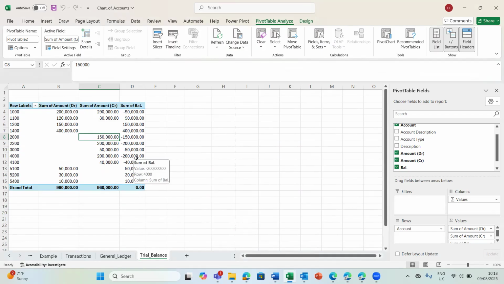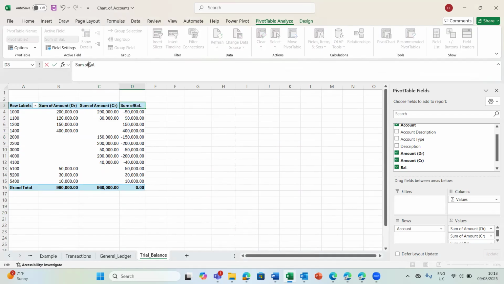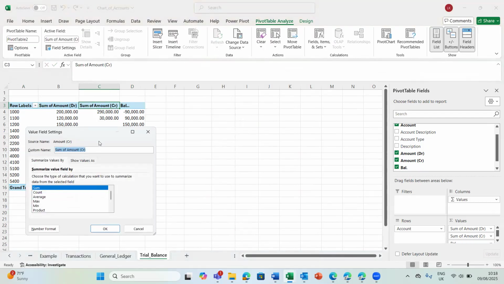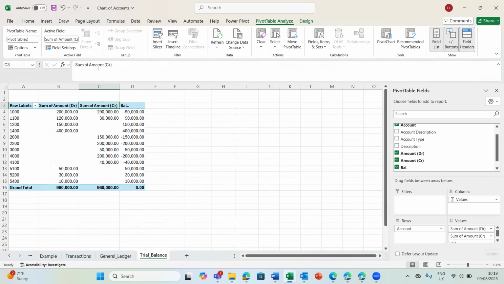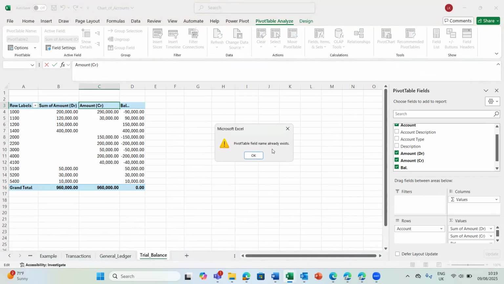If I want to remove some of those words, okay, just a minute. I don't want some of those figures, or rather some of those amounts.